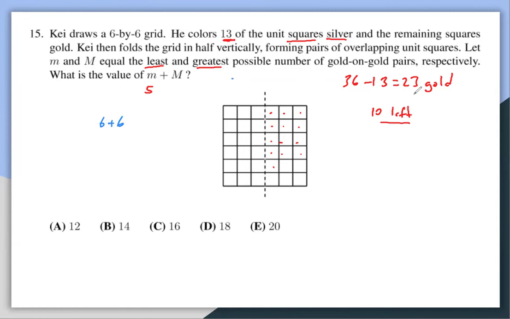That silver will have to be matched with one of those gold ones, which means you are going to have 22 gold left. Those 22 golds can be paired 11 gold to 11 gold, which means 11 is the max we can have. So when you add these two, we get 16 as our answer.